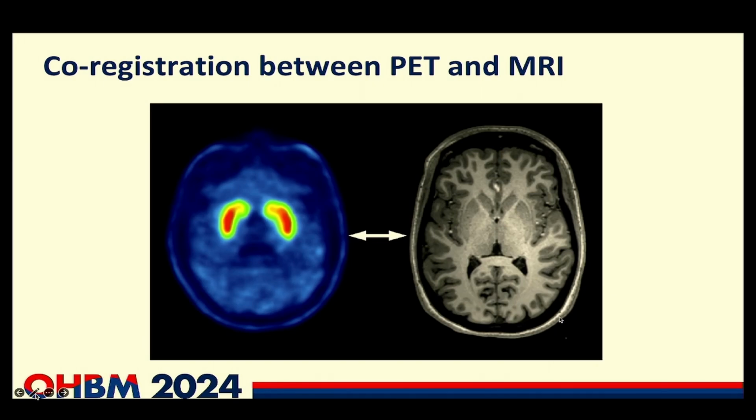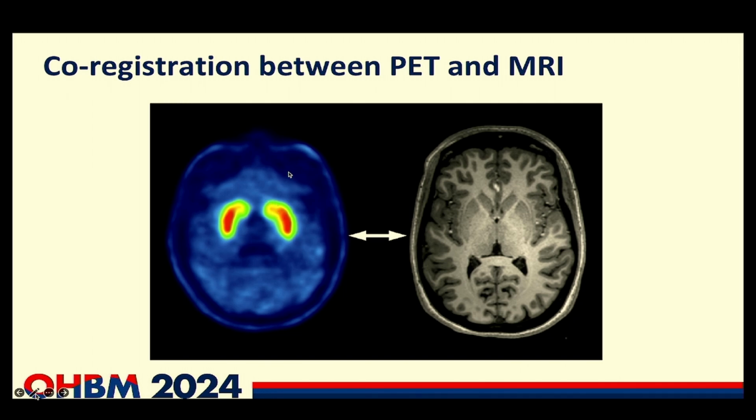The next important step that you then do after motion correction is often some sort of co-registration. And it's under the assumption that you have an anatomical corresponding image available. And as you can see here for PET, often we don't have the anatomical information available. Here you see just uptake in the putamen.